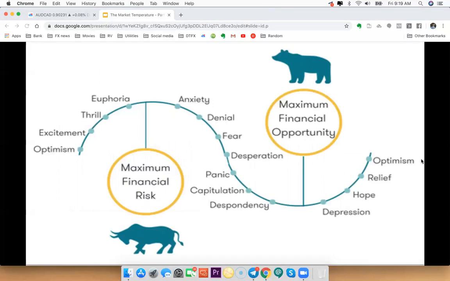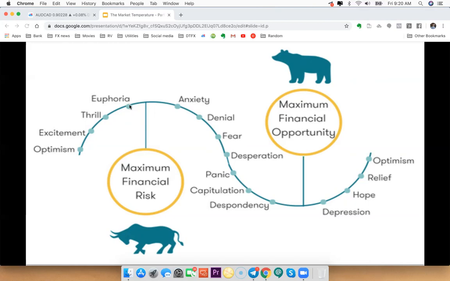I love this chart because this is so accurate to what we see in trading constantly. Market's going up, right? There's some optimism. Everybody's getting excited. Everybody's talking about it. And usually right around the top, there is absolute euphoria, right? I've had people come to me and say, hey, stock market's up quite a bit.